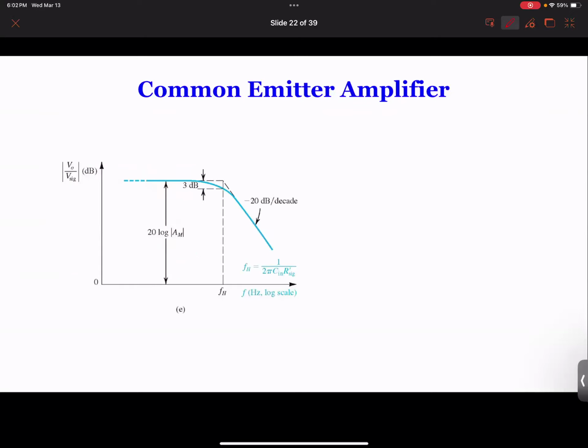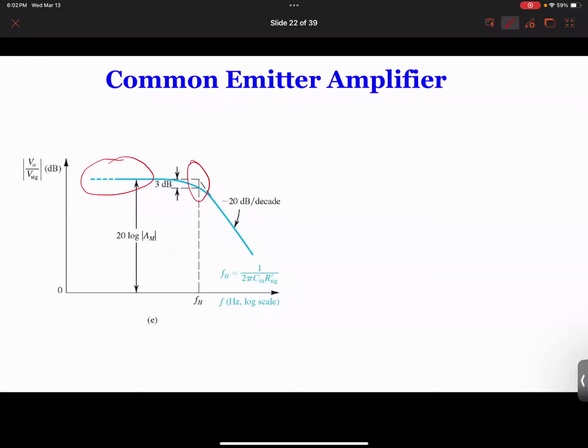Maybe for reference purposes I can write down the values, but that probably won't make much difference either. So you can review the book and draw. The important thing is that you have your midband gain, you have the 3 dB point, and then you have this minus 20 dB drop for the BJT as well.